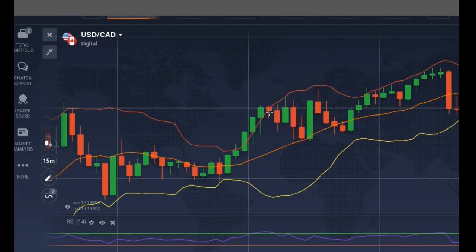So what we are looking for with the hamster pattern strategy is for the price to retrace, to cut back from the resistance level over here. You are waiting for a cutback after a strong bullish move outside the Bollinger Band. You are waiting for price to cut back inside, back into the Bollinger Band. The price is cutting back from this resistance level, and so it will cut back into the Bollinger Band.